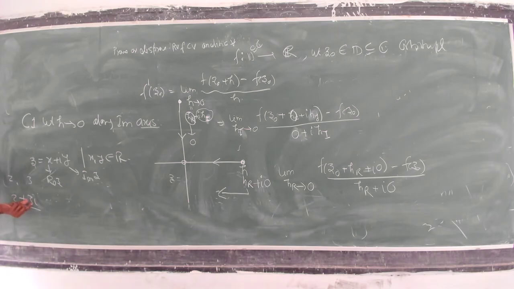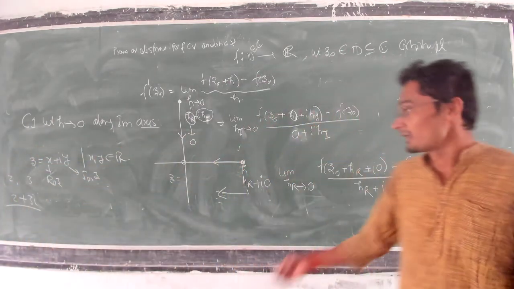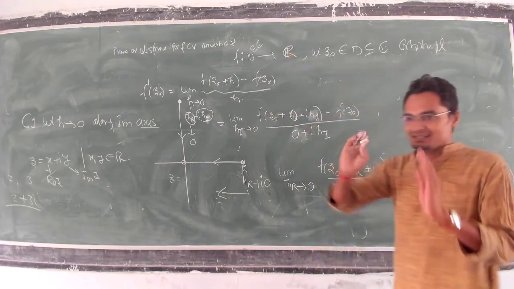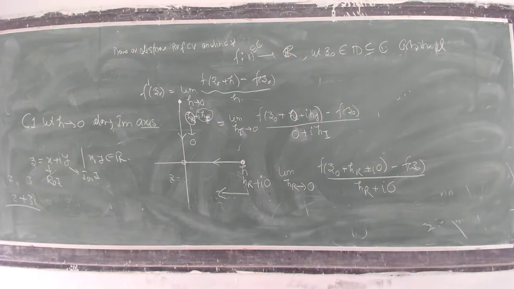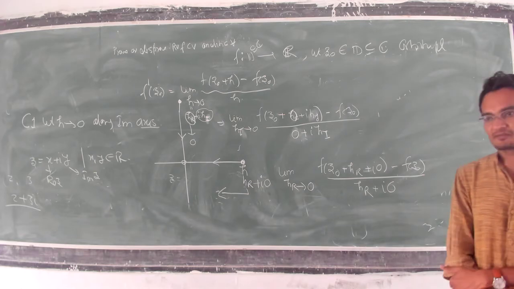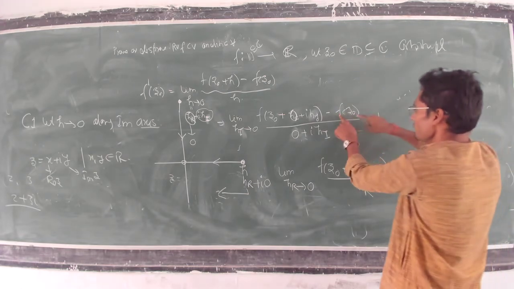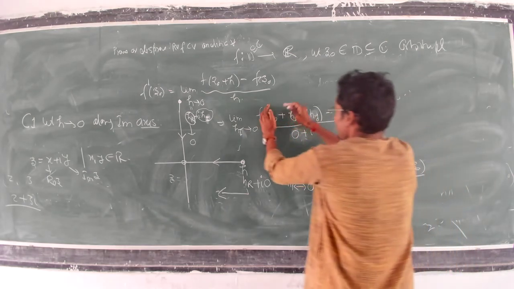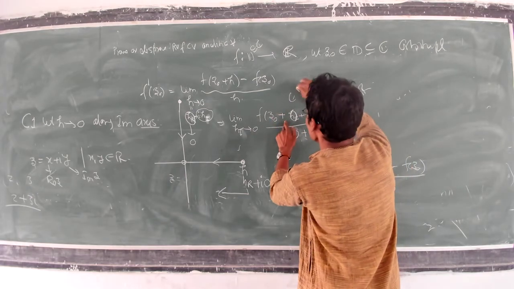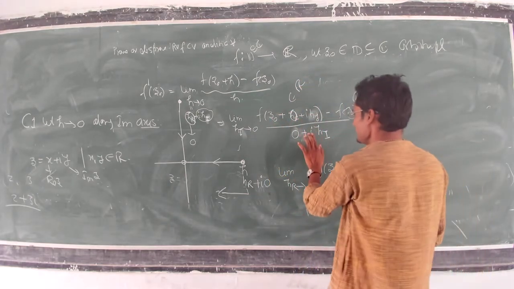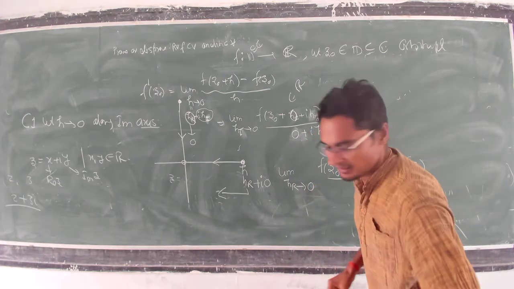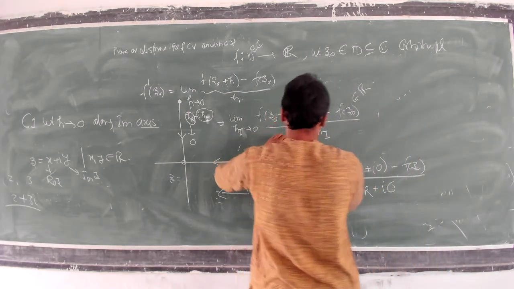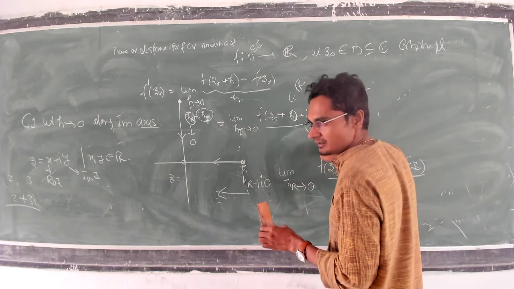But this coefficient will be real only. With the help of iota, it becomes an imaginary number. So observe here. This is your real valued function, meaning whenever you apply f, you will get a real number. You are not going to get a complex number. So f of z naught will give you R. Whatever you are applying, you will get R. If you remove this iota, this is also real.